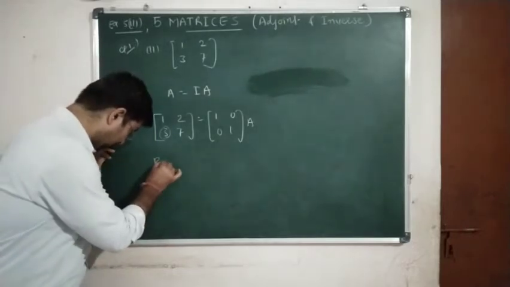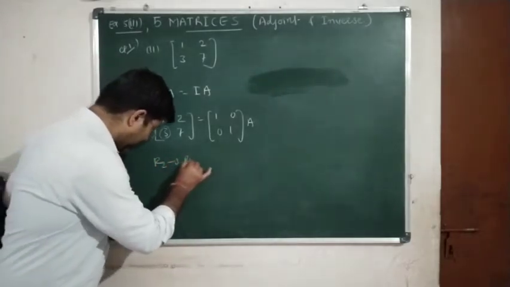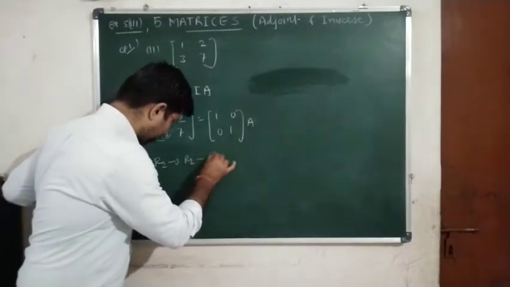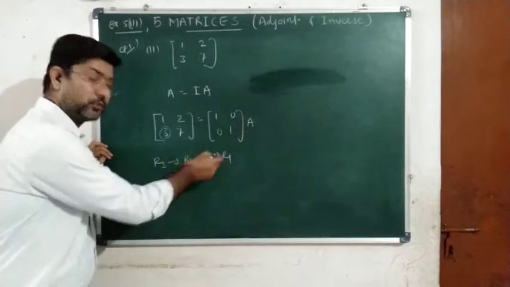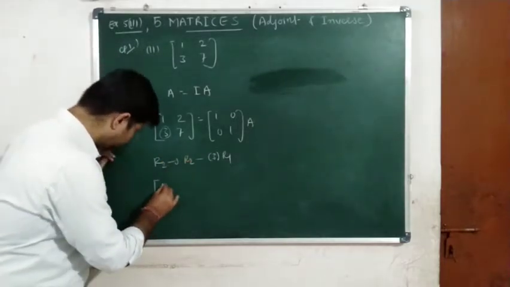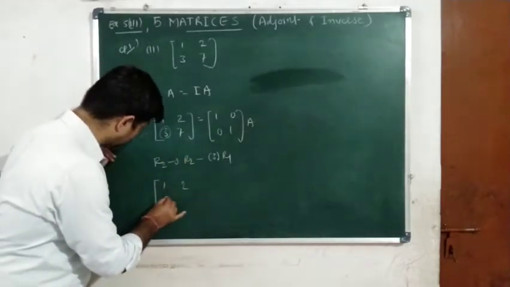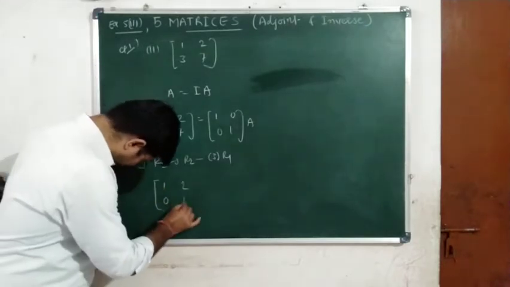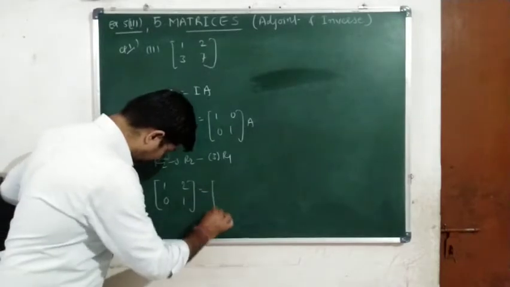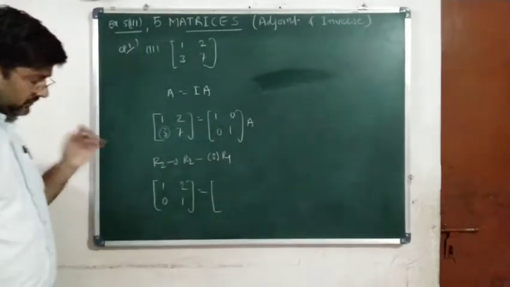So we carry out R2 minus 3 into R1, and this operation on both sides. We get 0 here, and 7 minus 6 will be 1, and the same operation on the right hand side.